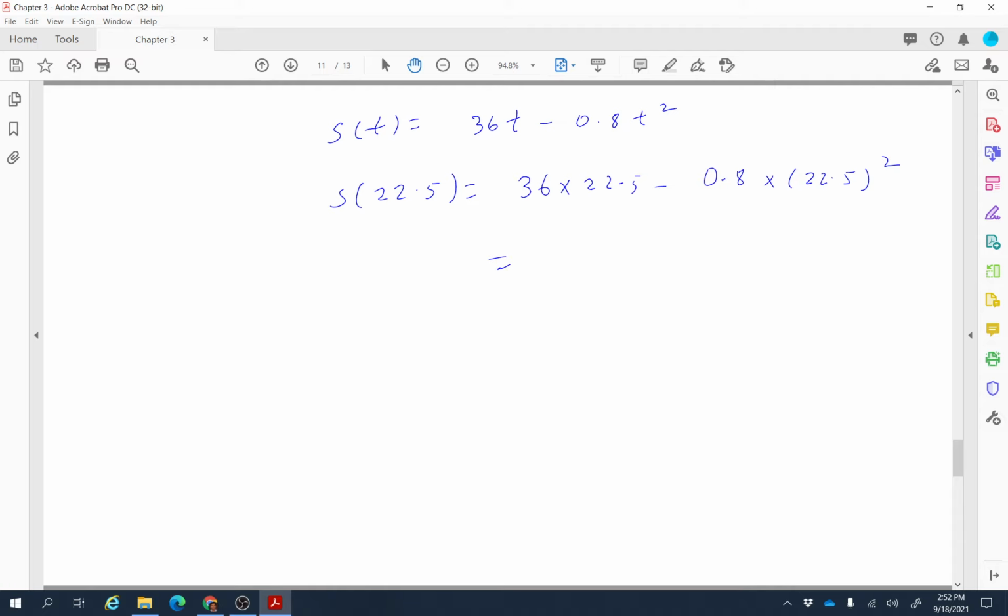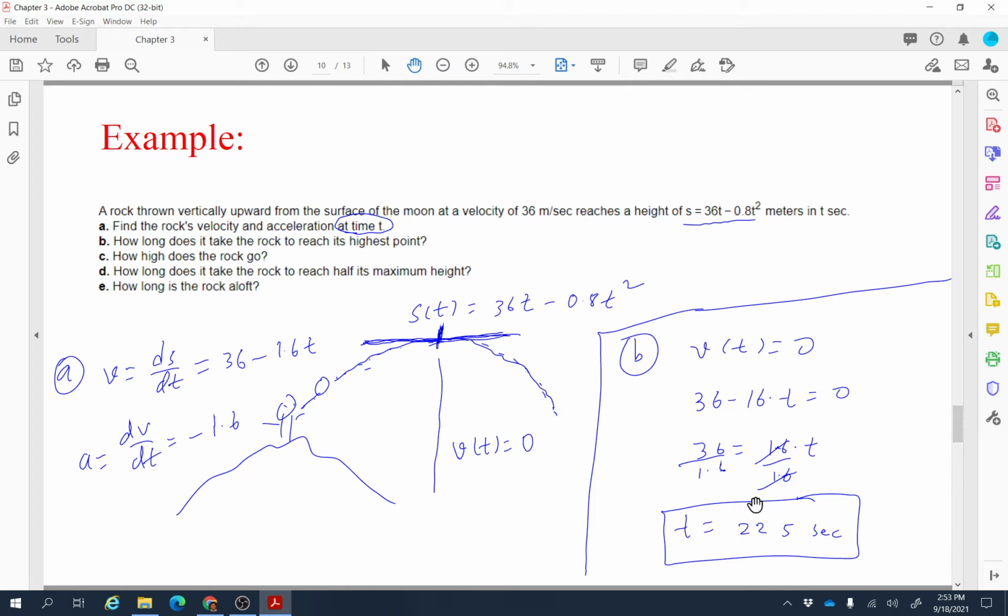So 36 times 22.5, and the result is 405 meters. So the maximum height of that rock is 405 meters, and that can be found by using t equals 22.5 seconds. So that's part C.